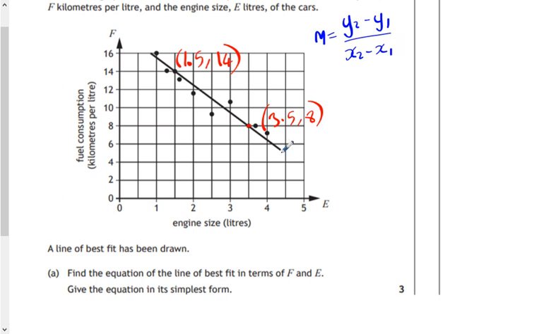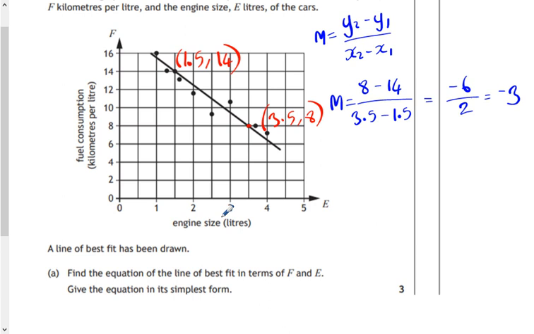Obviously, we're not working in x's and y's, but y is the vertical, in this case the F, and x is the horizontal, in this case the E. So our gradient then is going to be 14 minus 8 over, oh sorry, I've got that the wrong way around, because it's the 2's. So 8 minus 14 over 3.5 minus 1.5, which is negative 6 over 2, which is negative 3.